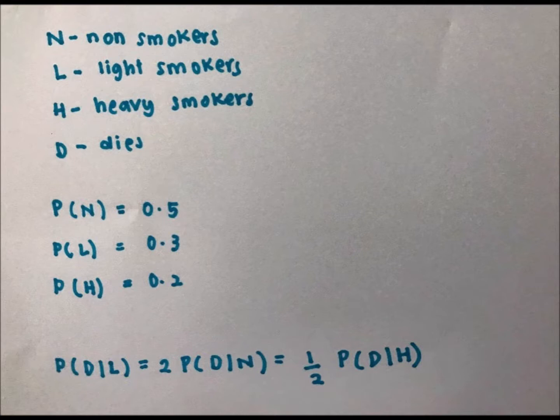So, from the question, the probability of non-smokers is 0.5, the probability of light smokers is 0.3, and the probability of heavy smokers is 0.2. The question also said that the probability of D given L equals 2 times the probability of D given N, which equals half of the probability of D given H.